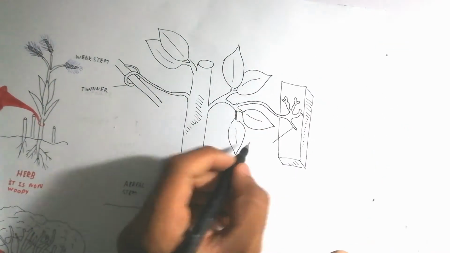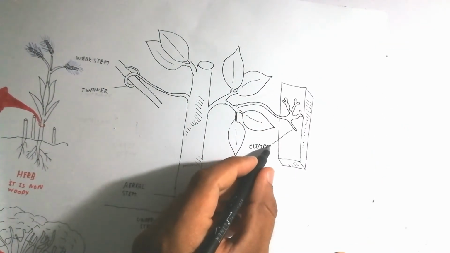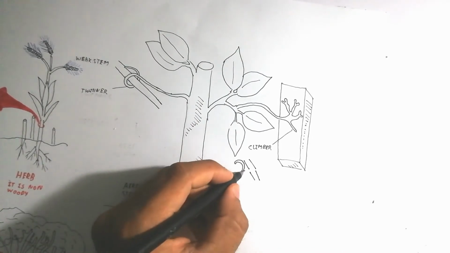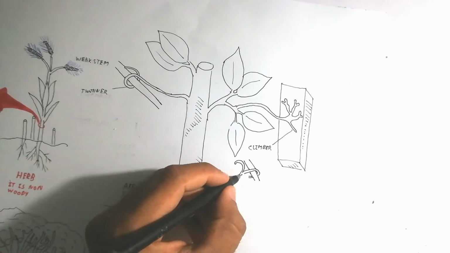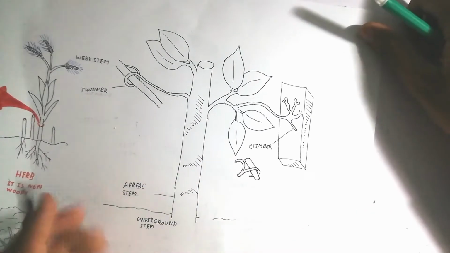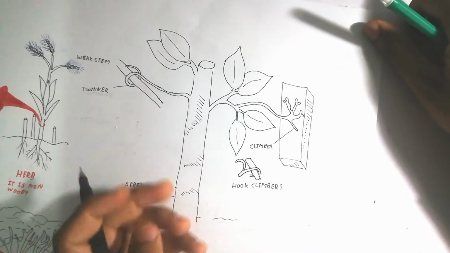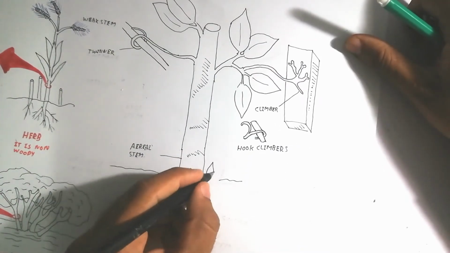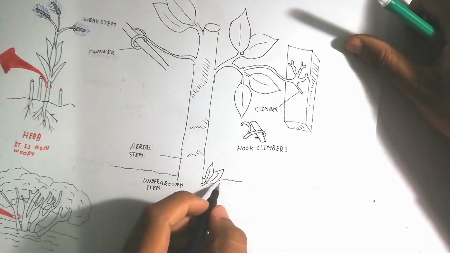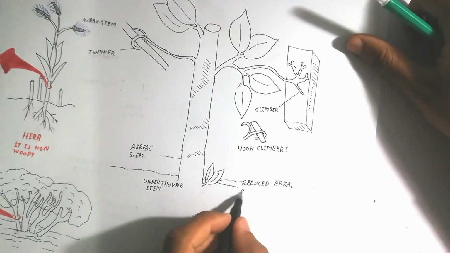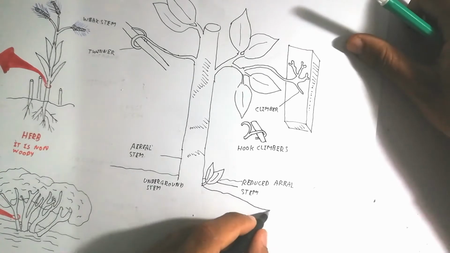Another important one is the climber, which climbs a wall or sheets or anything with a climbing character. Here I am drawing the general structure of the plant, which gives you the whole understanding.